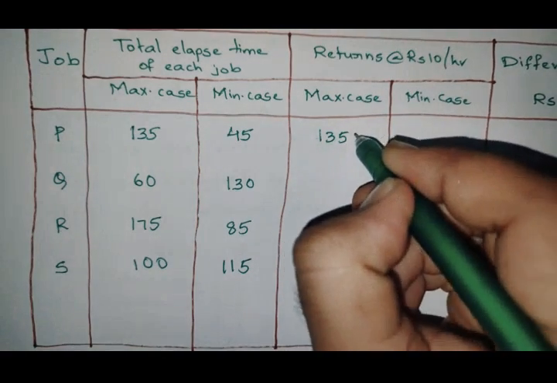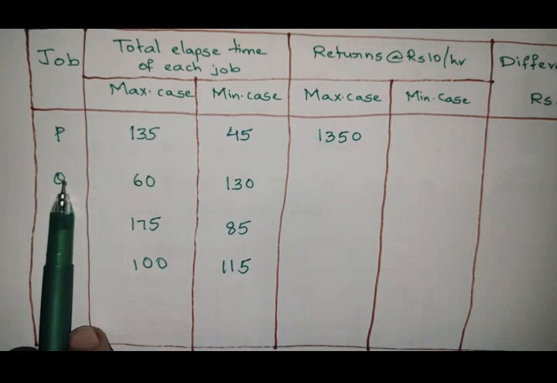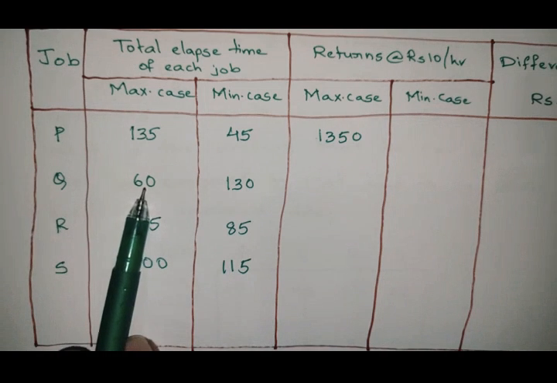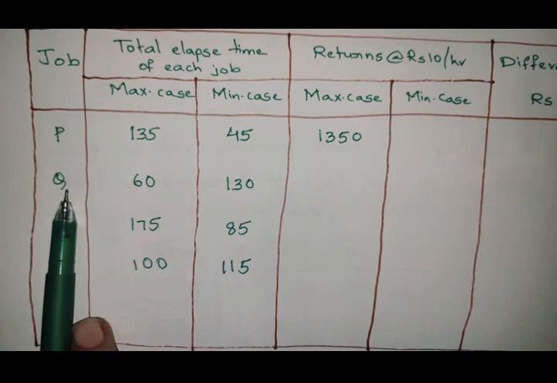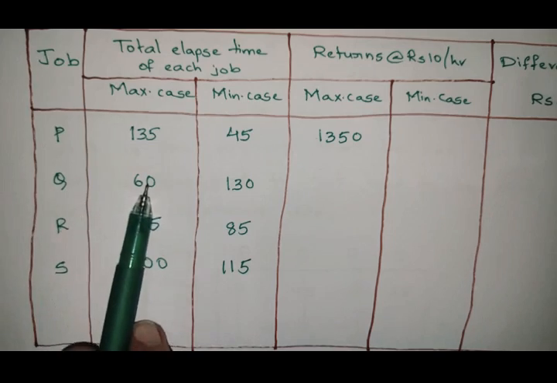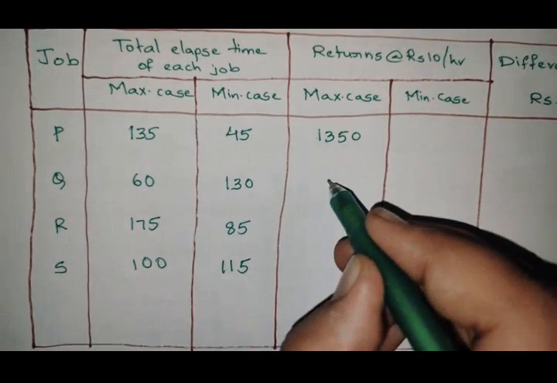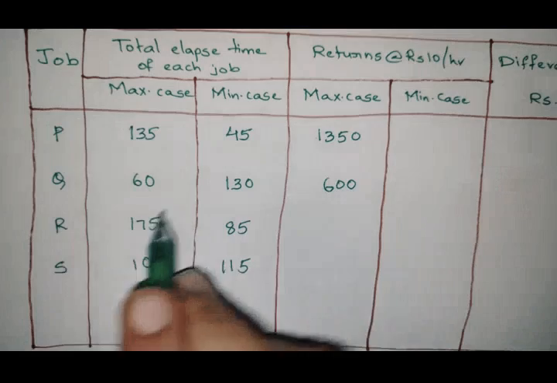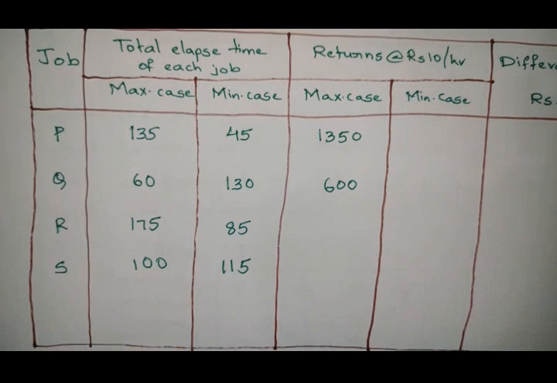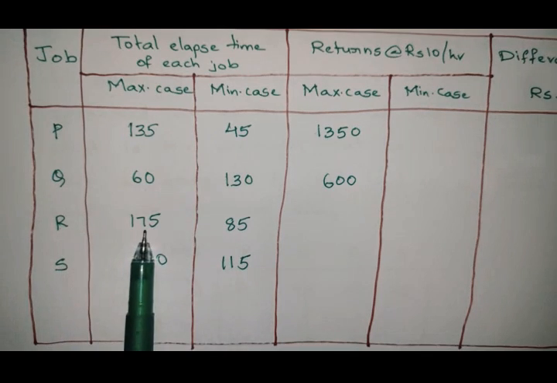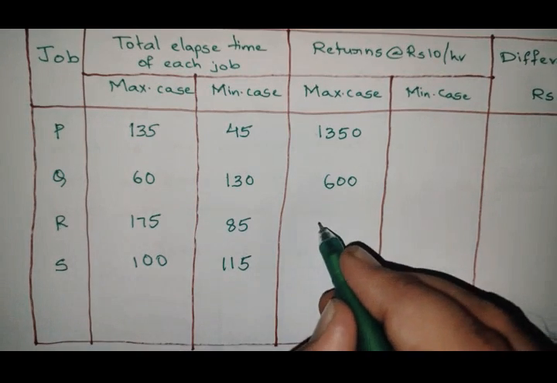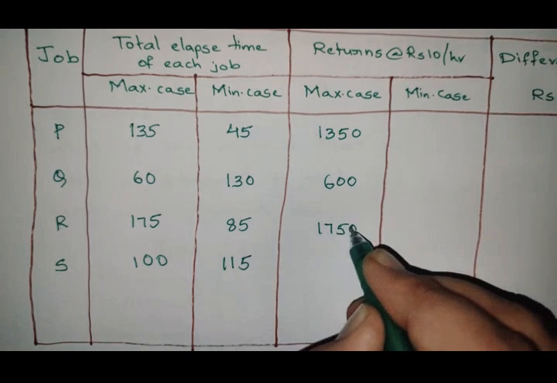That equals 1350. Similarly, for job Q in the maximization case, he is working 60 hours, and the two operations were completed, so he will charge 60 into 10, totally 600 rupees for job Q. For job R it is 175 into 10, that is 1750.